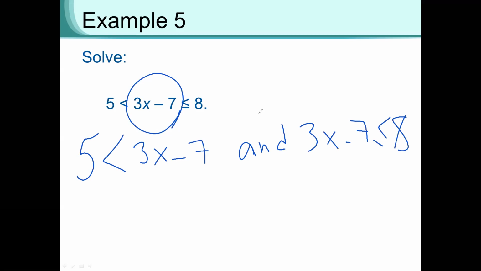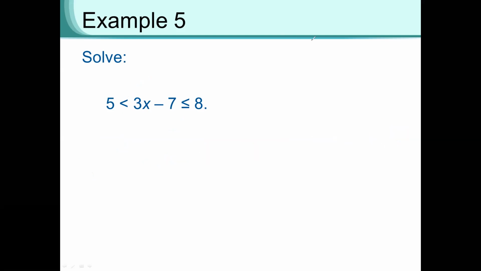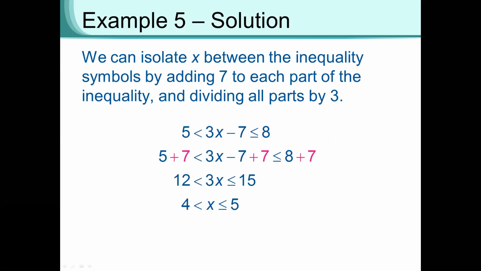And this one, because there are no x's on the right-hand side or the left-hand side, we can just do all the work at the same time. So this is a compound inequality. One of our options is doing all the work at the same time because there are no x's on the left or the right. We just do whatever we do to all 3 sides of this inequality.